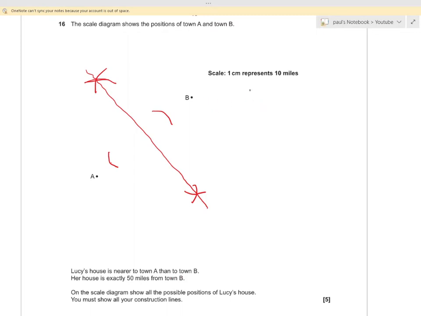So from B, 50 miles is going to be 5 centimetres equals 50 miles. Yeah, 1 centimetre is 10. So now we need to do some kind of semicircle with 50 miles. So I don't know whether that goes over that, I think.